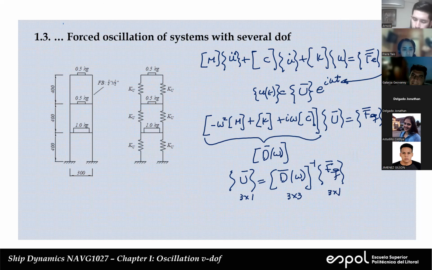When you calculate the inverse, you have to divide by the determinant. So every time omega gets closer to one of the natural frequencies, the determinant of D is smaller. It's not completely 0, because in this case we have the damping, but you can expect it to be smaller. So the quotient will increase. That means that every time you get closer to a natural frequency, the response of the system can be expected to increase.